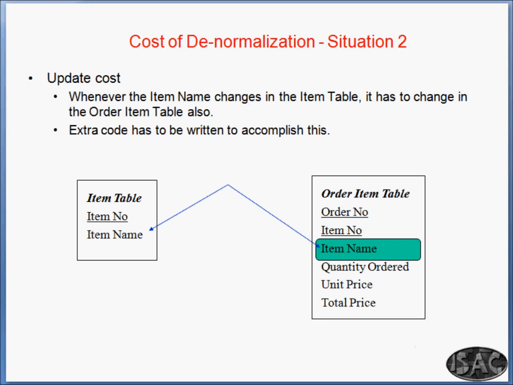If any update happens in the item table, you have to update here also, right? So whenever the item name changes in the item table, it has to change in the order item table also, right? Whatever existing transactions happen, extra code has to be written to accomplish this. So some code, some triggers and all we need for this purpose.